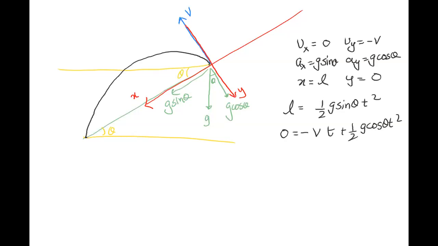Right? So I get V is equal to half g cosine theta t. एक t cancel हो गया. So t is equal to 2v upon g cos theta. हाँ रे आंसर.